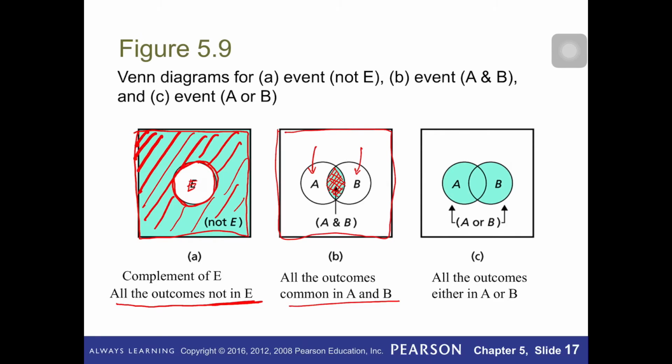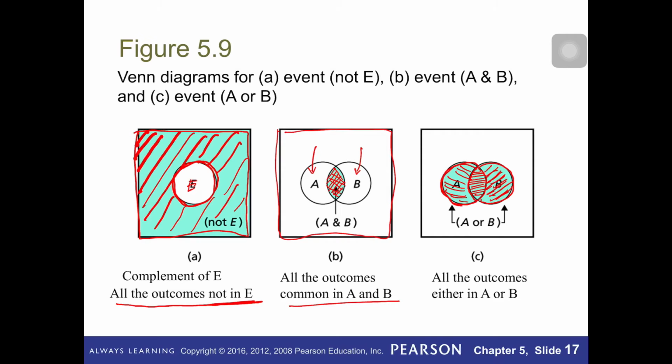Third one, A or B. So for A or B, you can consider the area which belongs to A only, the area which belongs to B only, and also A and B, which means this area as well.